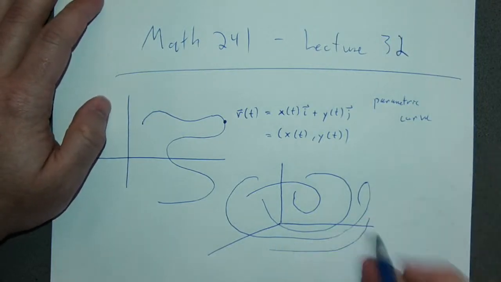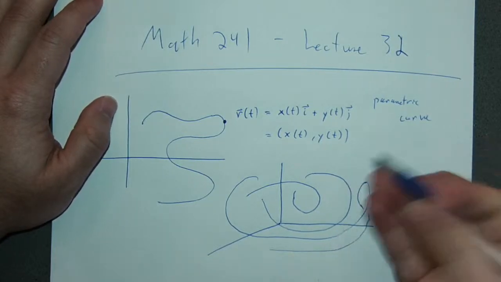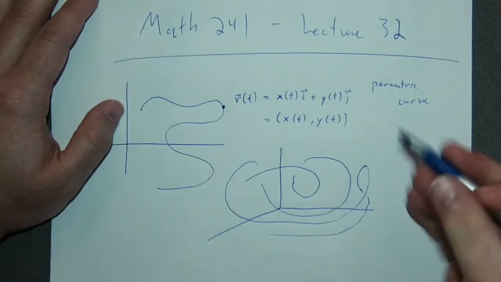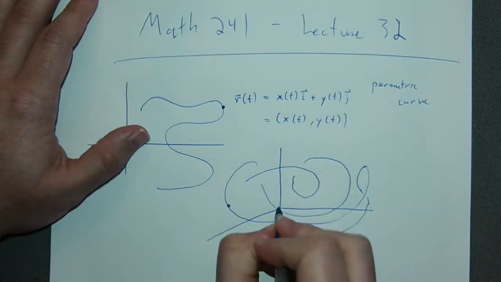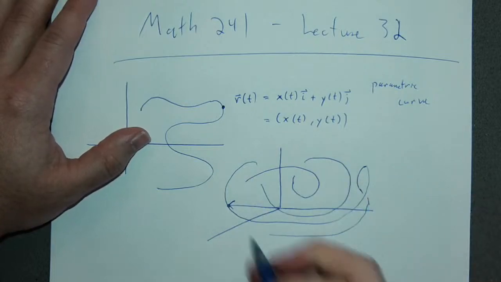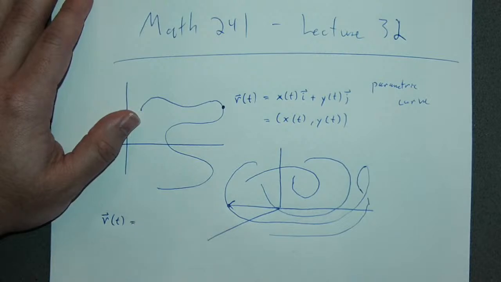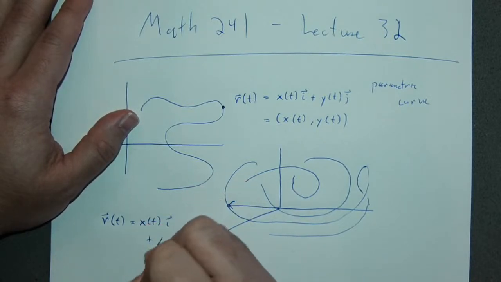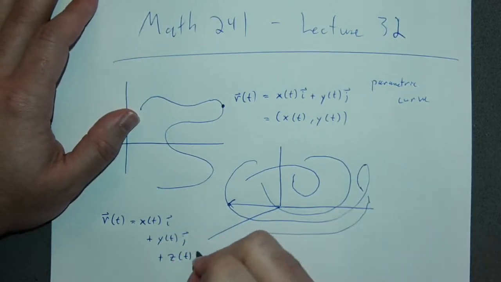And so we found that the best way to describe this kind of thing here was as a parametric curve in space, which we did very similarly to the plane, where a point on this curve was determined by a vector. We thought of this vector as moving and tracing out this curve, right? And of course, we viewed that as this vector valued function, r of t is x of t i plus y of t j plus z of t k, right?